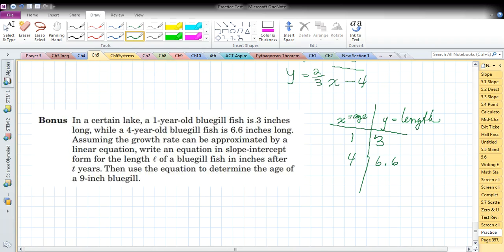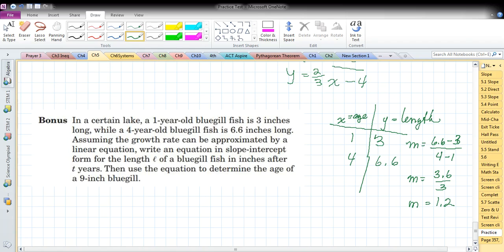We can find the rate of change or the slope if we have 2 points. So m is equal to 6.6, which I'm going to let be y2, minus y1, which is 3, over 4 minus 1. So my slope is equal to 3.6 over 3, which is equal to 1.2.